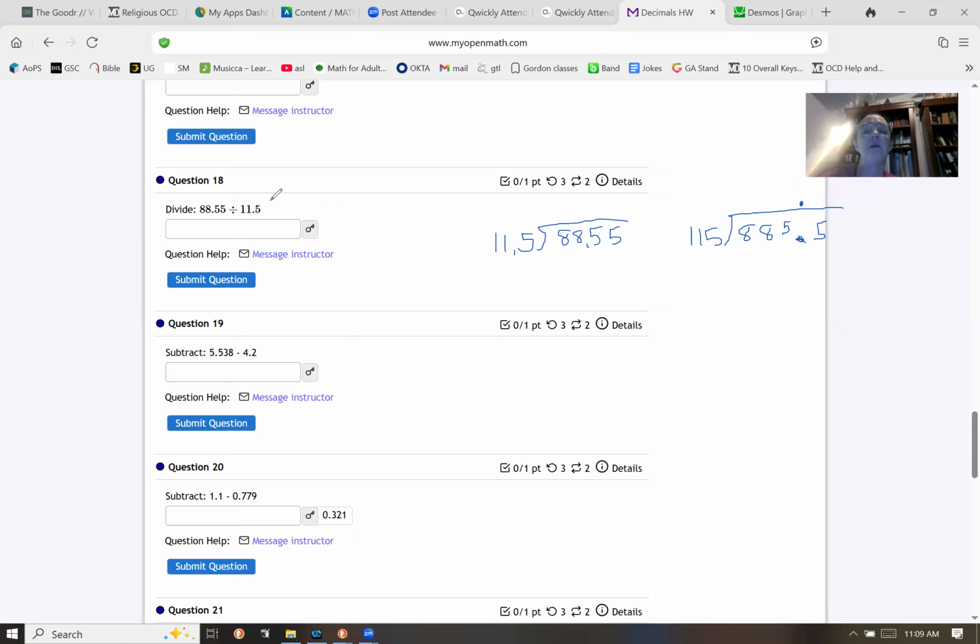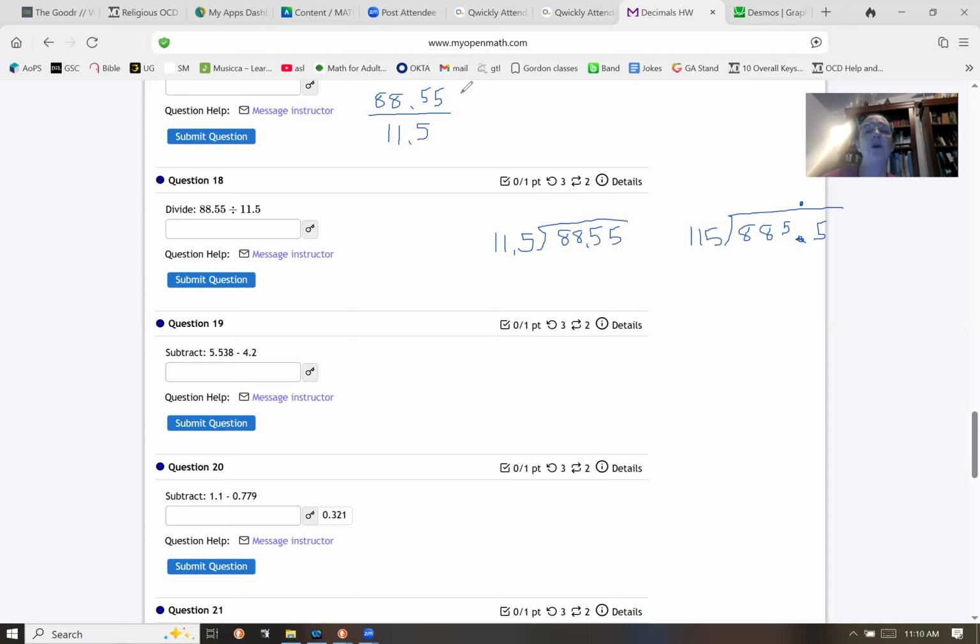I'm going to write the problem. 88.55 divided by 11.5. We can write it as a fraction. That fraction bar means divided by 11.5.